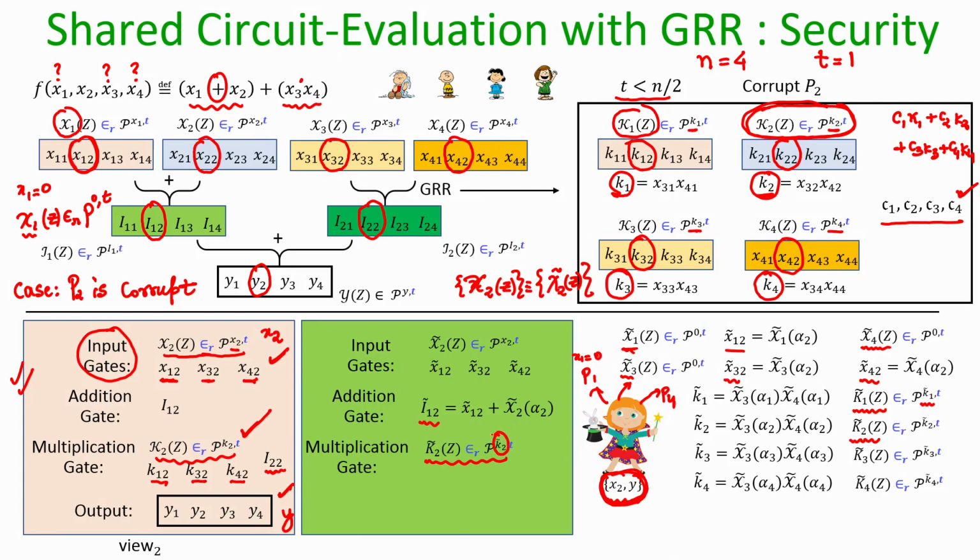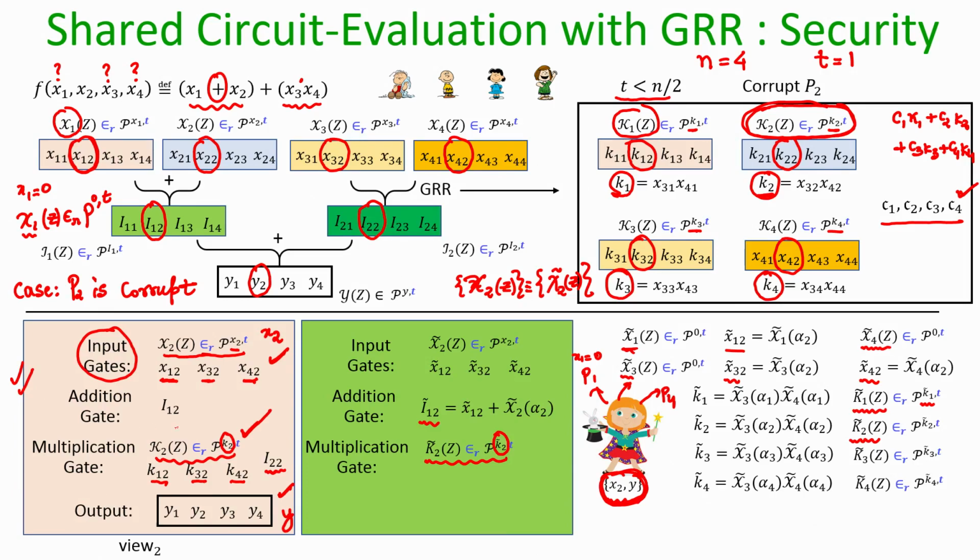Whereas, if the parties had started the protocol with x1, x3, x4 some other values, then that would have produced this value of k2. So, it is not the case that k2 is a fixed value. Based on what x1, x3, x4 are, and what the shares of x1, x2, x3, x4 used in the protocol are, that determines the value of k2. So, k2 is not a fixed value; we have to just compare the probability distributions.